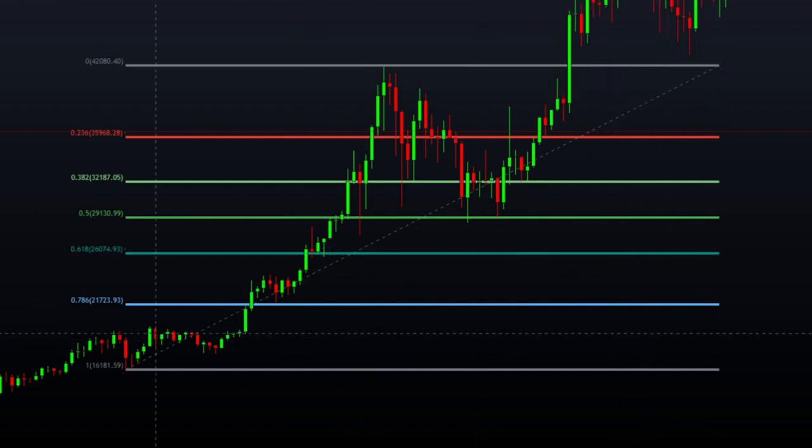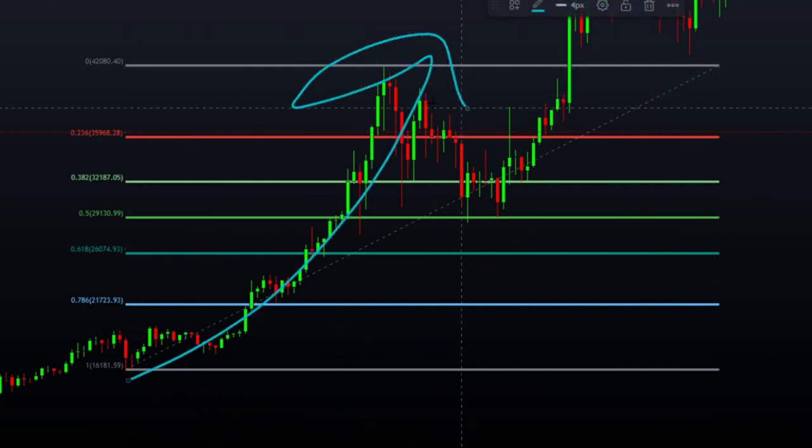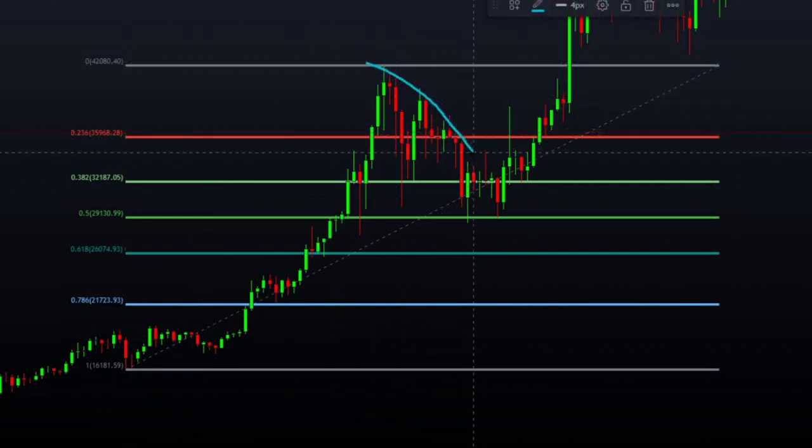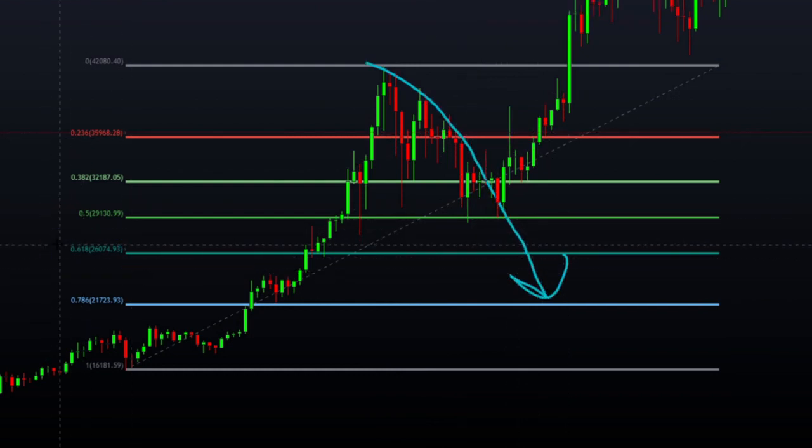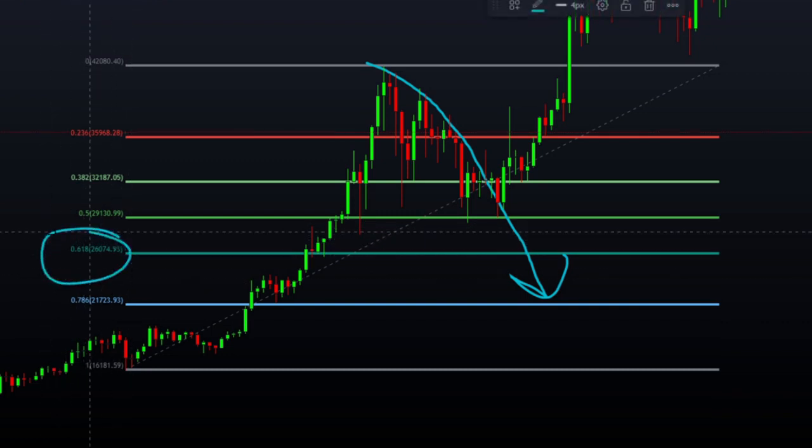Another way to use your Fibonacci retracement is as a way to exit a trend to the upside. So let's say that the price went up here, but then it continued and went below the 0.618. Perhaps your trading strategy is that if the trend retraces more than the golden ratio, then you exit the trend.